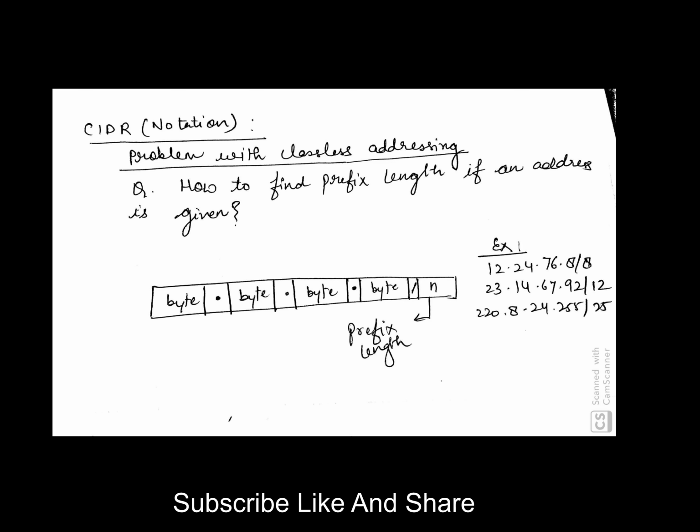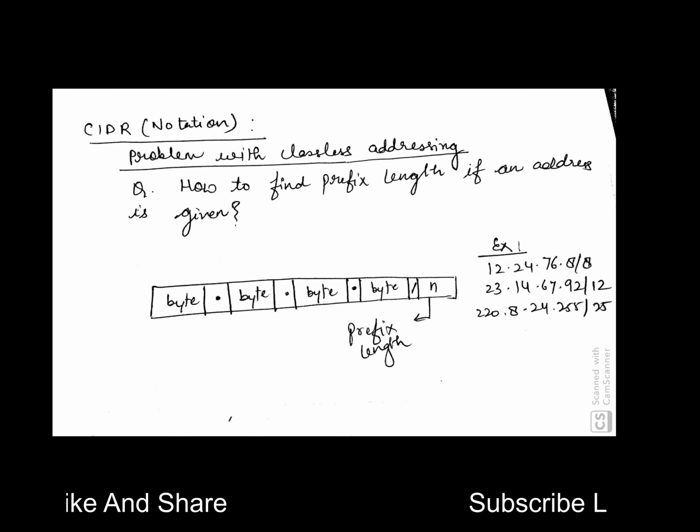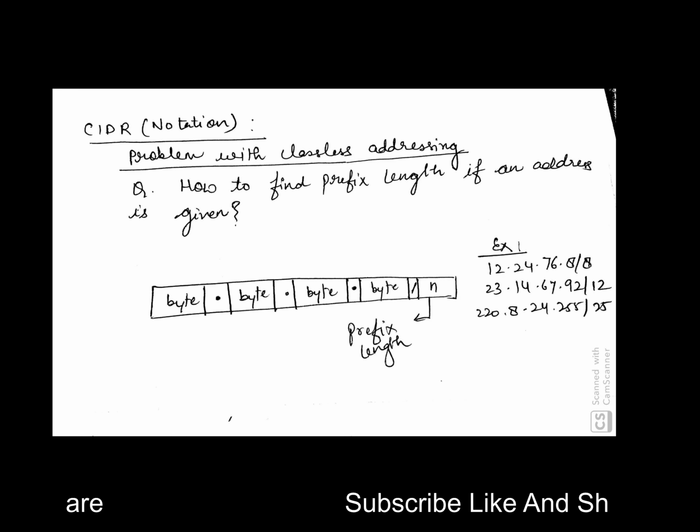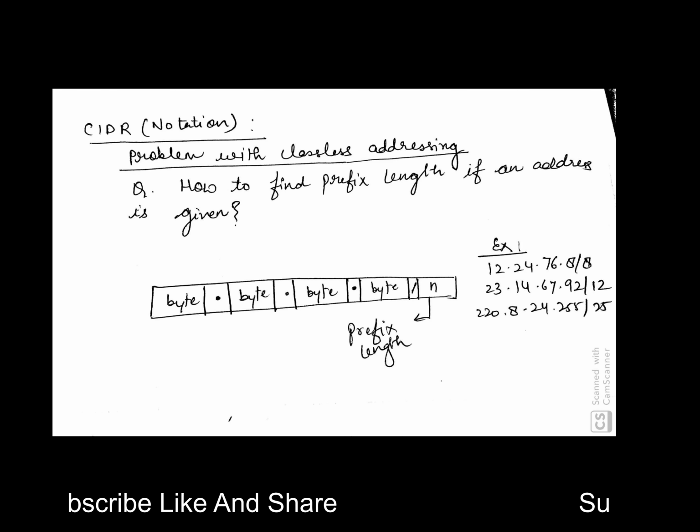Suppose the prefix length is n, then it is added to the address, separated by /n. Here in the diagram, this is the decimal dotted notation, the 4 bytes of the given address, a total of 32 bits in IPv4. So in /n, n denotes the prefix length.